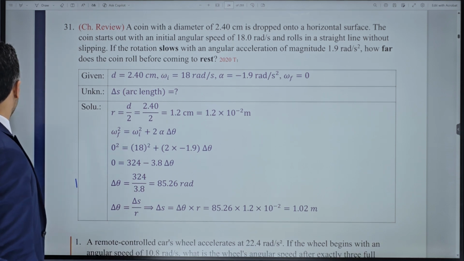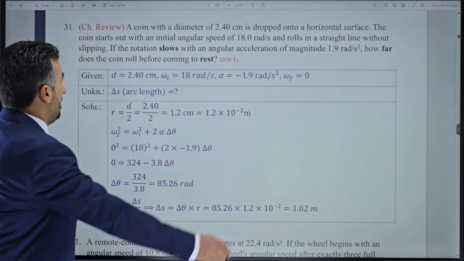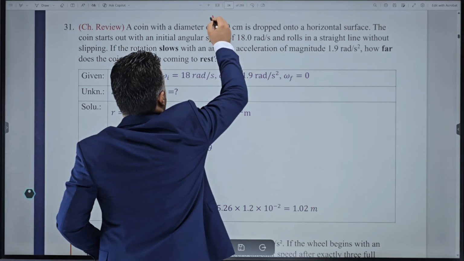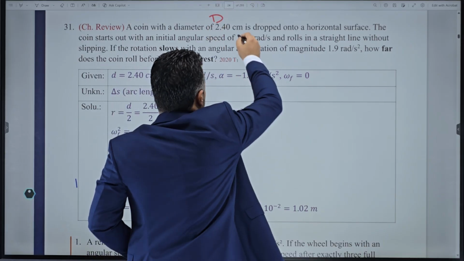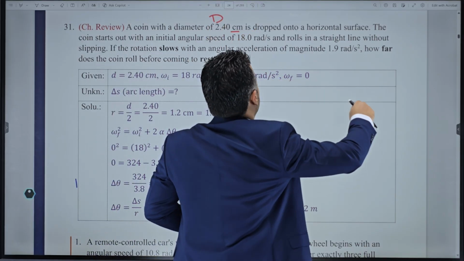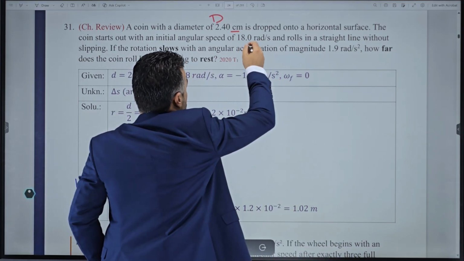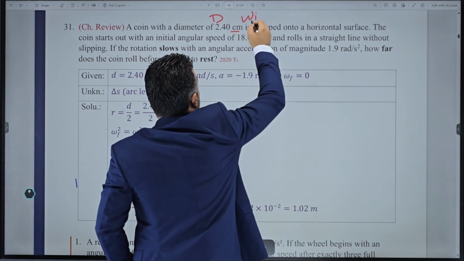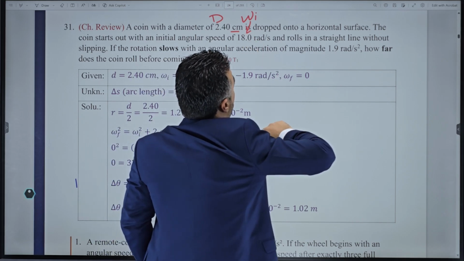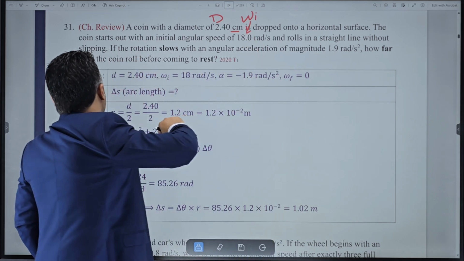So let's see what is given and what is unknown here. This is the diameter. It is 2.4. Don't forget, you have to convert centimeter to meter. It says the coin starts out with an initial angular speed. So this is omega initial. Don't forget. Okay, it says it rolls in a straight line without slipping.